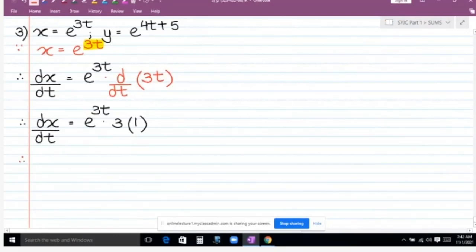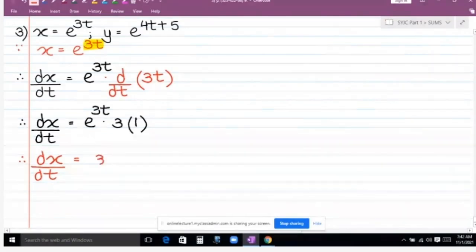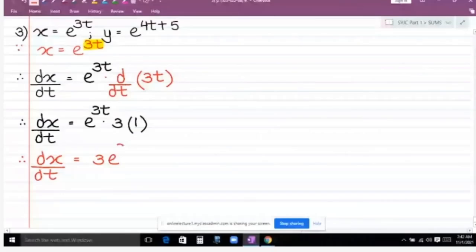Therefore dx upon dt will become 3 into 1, which is 3. This will become 3 times e raised to 3t. Number this as 1.